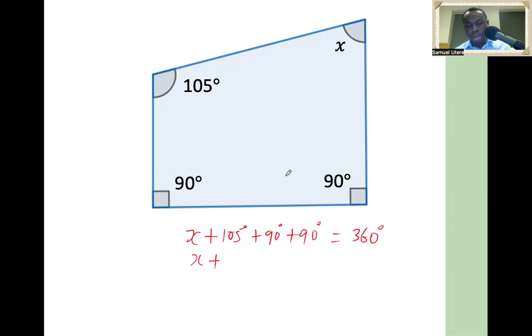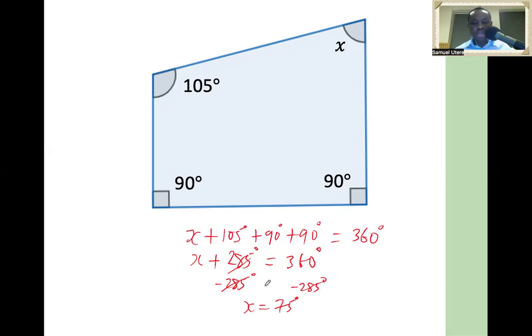Yeah, sorry, 285 degrees. Again, applying your equation solving skills, we subtract 285 degrees from both sides. So x will be 75 degrees.